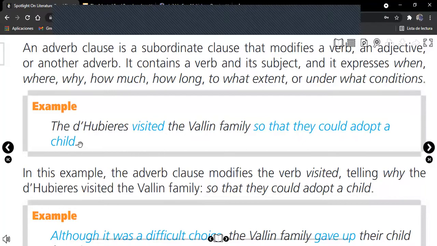And remember, a clause needs a subject and it needs a predicate. If it doesn't have a subject and predicate, that means it's not a clause, it's a phrase.